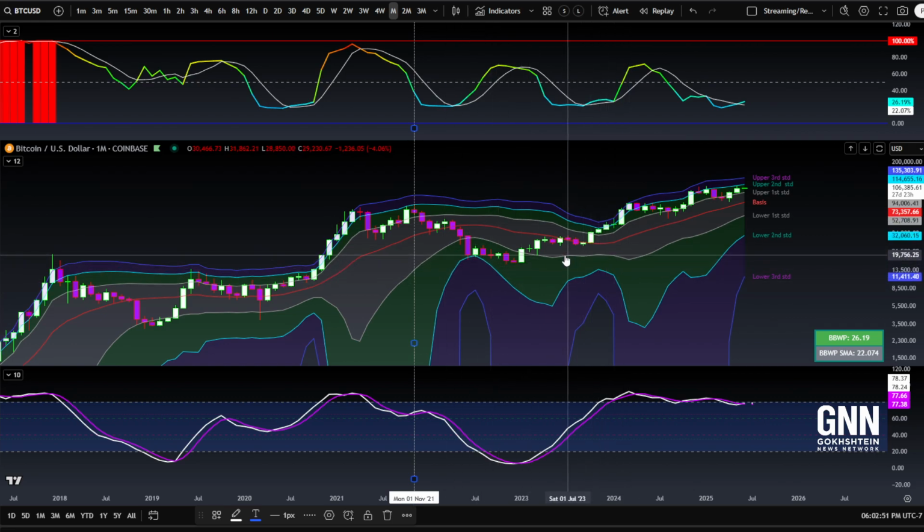It was something that I was warning about at the time as we put in that lower high. I said, hey, if this breaks the basis band, the traditional markets look like they're going into a bear market as well. I believe they were already looking quite weak at that point, and they were likely going to keel over. We did see that. We saw the same with the lower high after failing to put in the higher low.